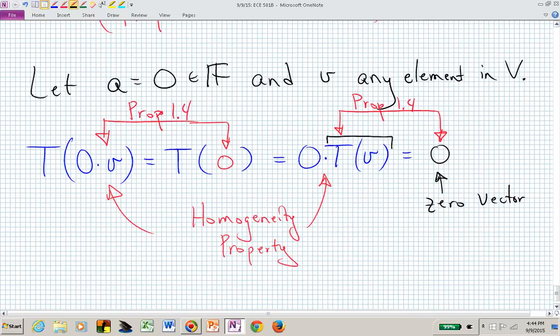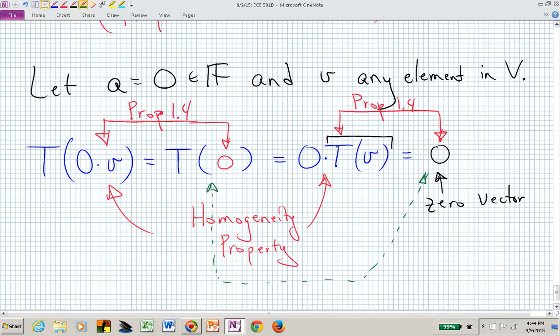And what can we conclude from this? Now, if you look at what's happening here and here, all of these things are supposed to be equal. Let's extract two of those pieces that are equal, the two that we want, and say the 0 vector mapped through T must equal the 0 vector.